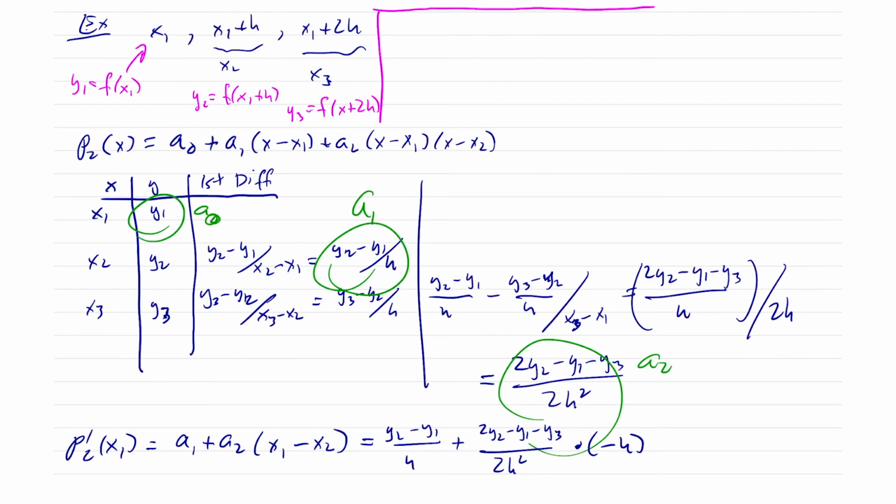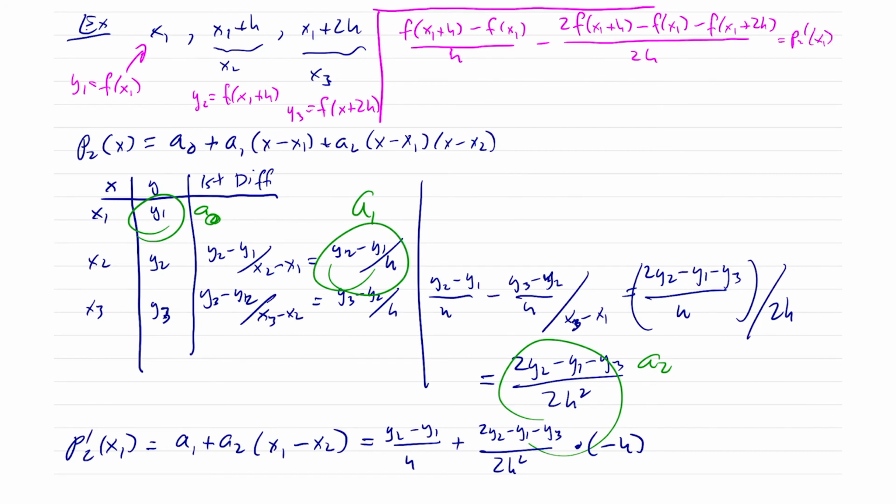So putting everything together, we have y2, which is f of x1 plus h, minus y1, so it is f of x1, and then divided by h, so this term here. And now I get minus 2 times f of x1 plus h minus f of x1 minus f of x1 plus 2h, and all of this divided by 2h. So I move the minus sign here.